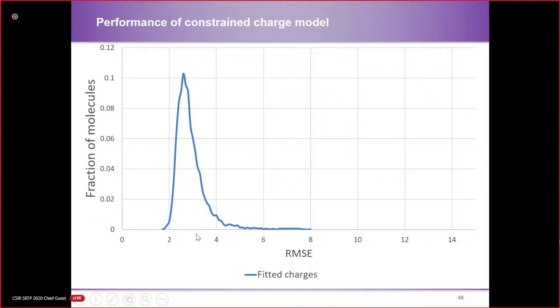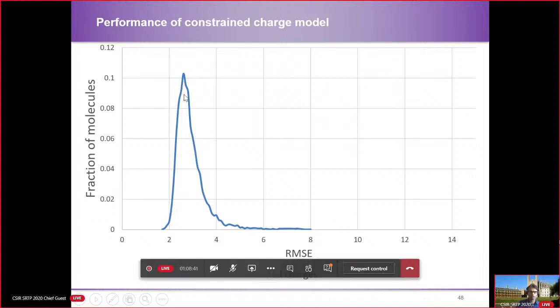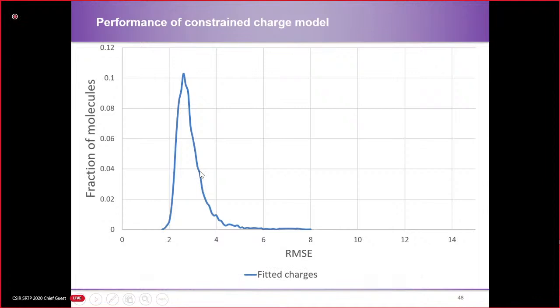Here, the lower you are, the better, this is the root mean square error, and this is the fraction of molecules in your test set, how good you are. So on the left side of the plot, you're good, because most of the molecules have very small error. And this is not our model. This is simply the fitting of the charges and comparing against the QM calculation. And the fitting is quite good, around 2 kcal per mole.